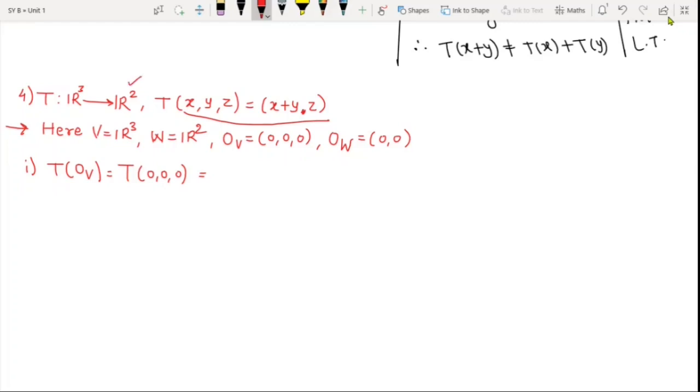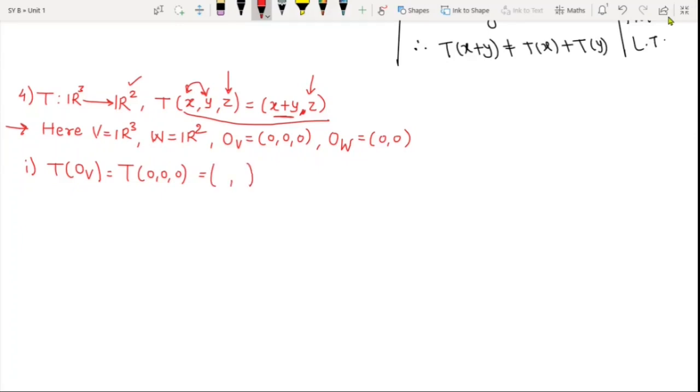The first coordinate is x plus y, the addition of the first two coordinates, and the second coordinate is same as the third coordinate. So what will be my T of (0, 0, 0)?